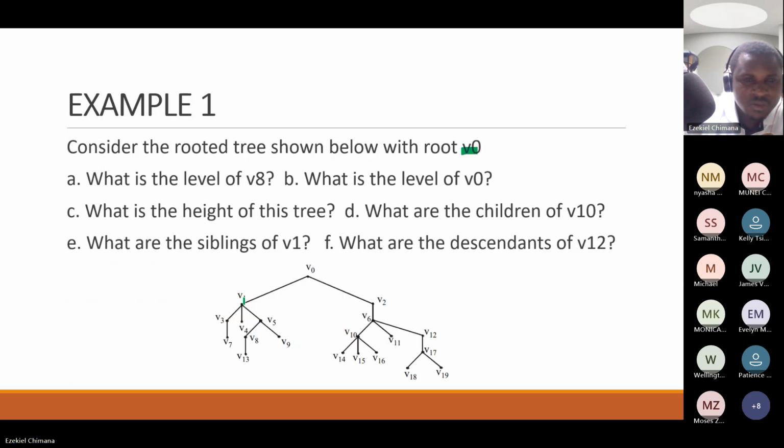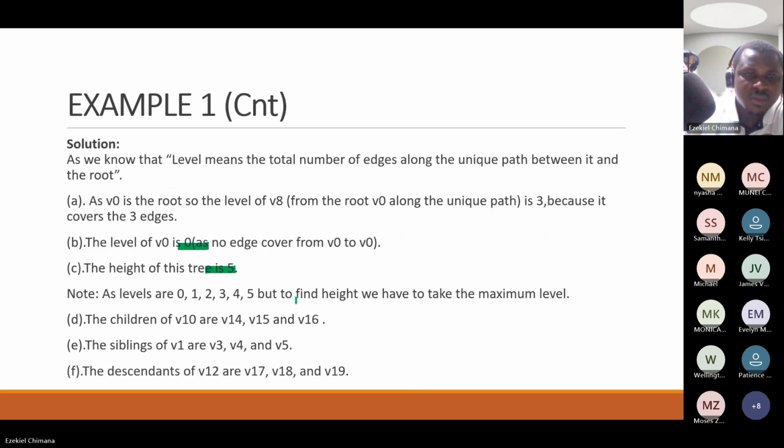The sibling of V3 will be V4 and V5. Otherwise, the sibling of V1 is this one. Why? Because they are sharing the same parent here. That's the logic there.